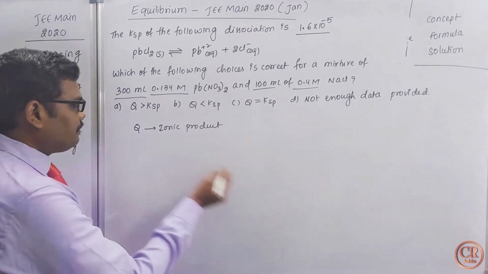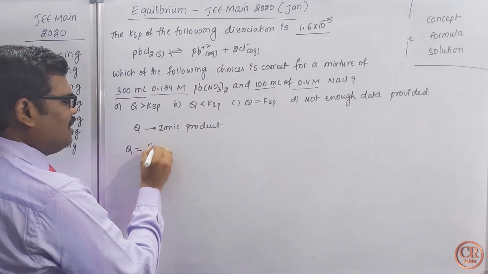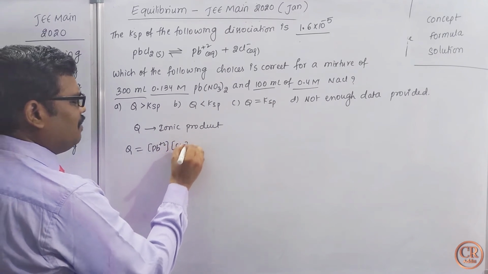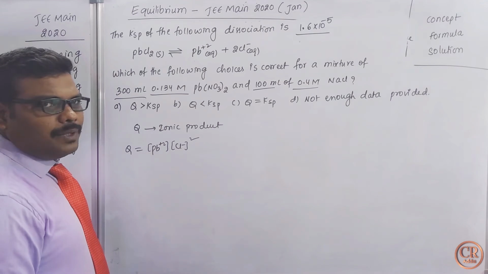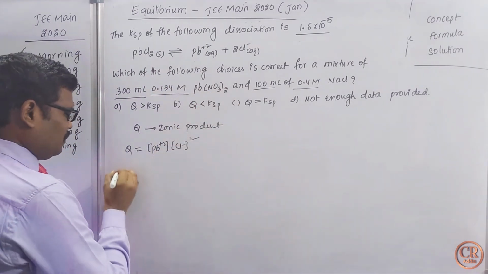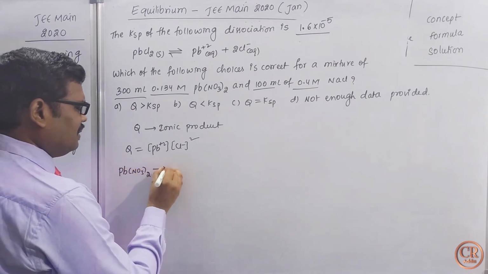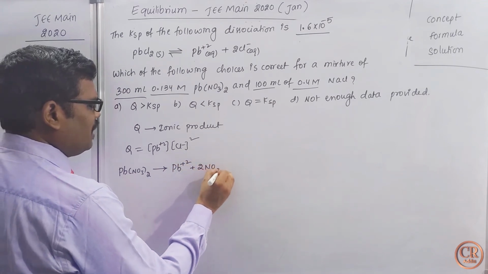Then we'll see, the ionic product of this dissociation is concentration of Pb plus 2 into concentration of Cl minus whole square. Now, from where do we get concentration of Pb plus 2? See, when lead nitrate dissociates, it gives Pb plus 2 and NO3 minus.